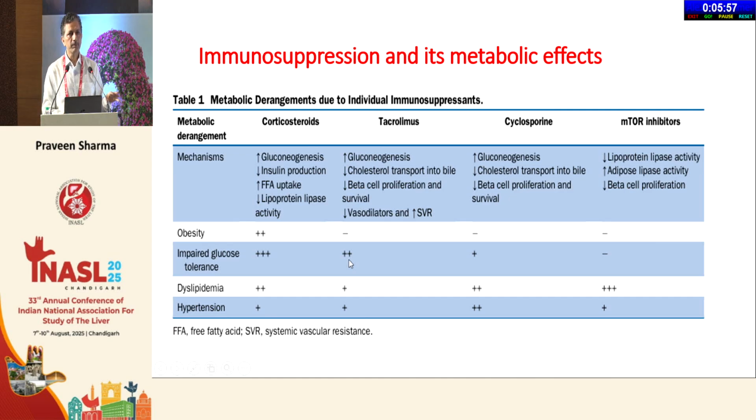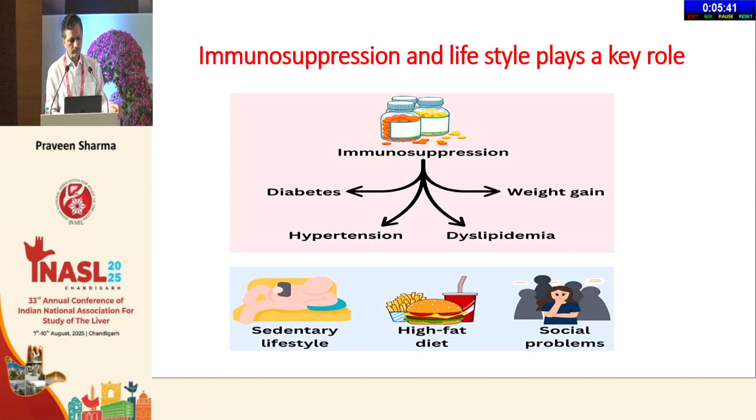So try to avoid tacrolimus if the patient has impaired fasting sugar or is diabetic before transplant. If the patient is hypertensive, cyclosporine is most of the time the culprit, and mTOR inhibitors cause dyslipidemia. We should know that these are the factors in patients who have these risk factors before transplant. Try to avoid this immunosuppression. So what we can modify is the immunosuppression, and lifestyle plays a key role in preventing metabolic complications.